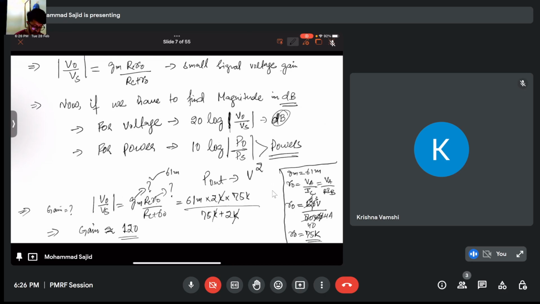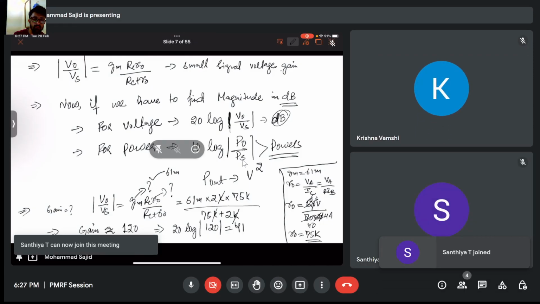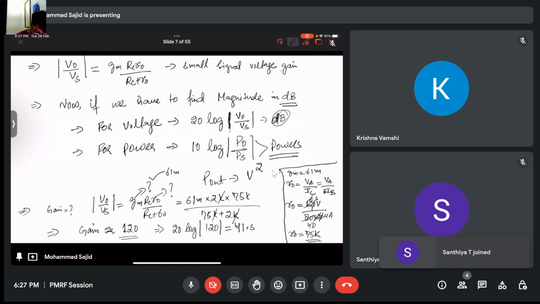Okay, so now I have given you the formula to calculate it in dB. So in dB it will be given as 20 log of 120. That comes out to be 41.58.